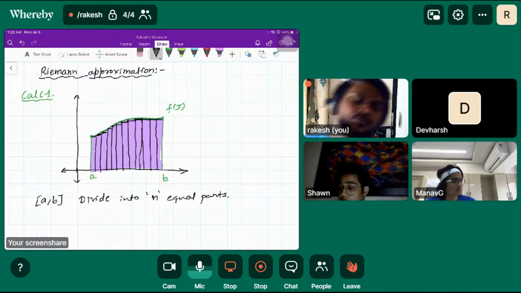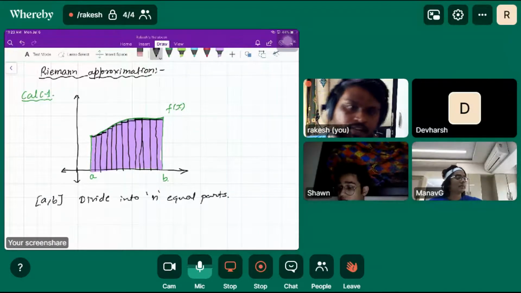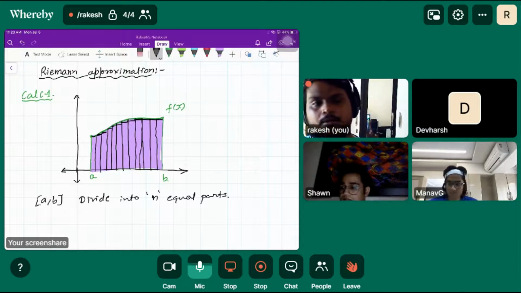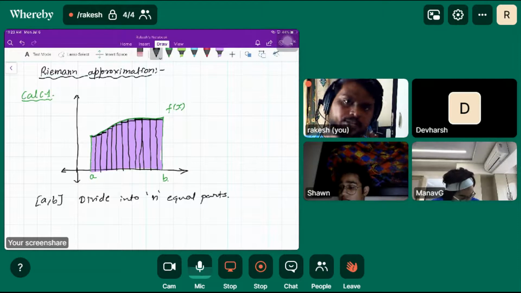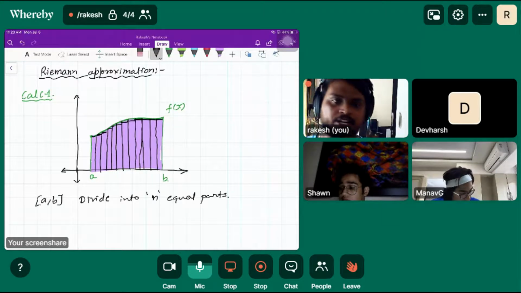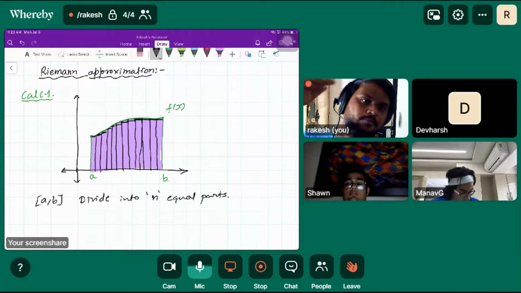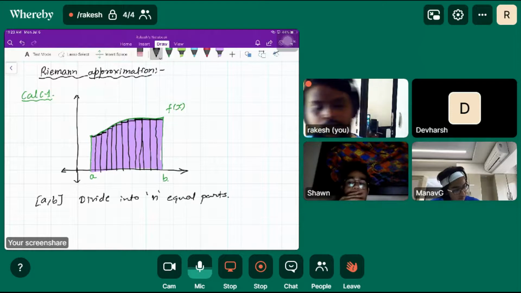Once we get proper rectangles, we can find the area of the rectangles, and if we sum up all the areas, it gives the approximate area under the curve, because we left out some portion around the curvature.